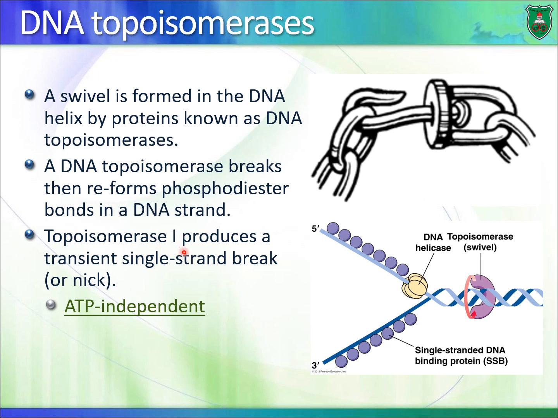Topoisomerase 1 produces a transient single-strand break, so it sort of creates a swivel, meaning that it separates the two strands from each other. So when DNA is rotated, only one portion of it is rotated and the other is not rotated whatsoever. That prevents the formation of the overwound structure.